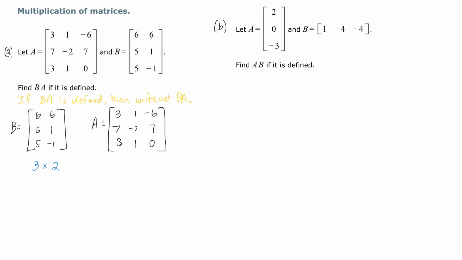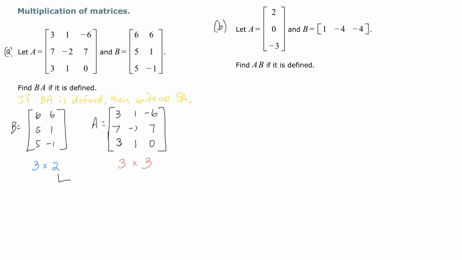So B is 3 by 2, and A is 3 by 3. Once again, the way matrix multiplication is defined, the number of columns of the first matrix must match the number of rows in the second matrix.